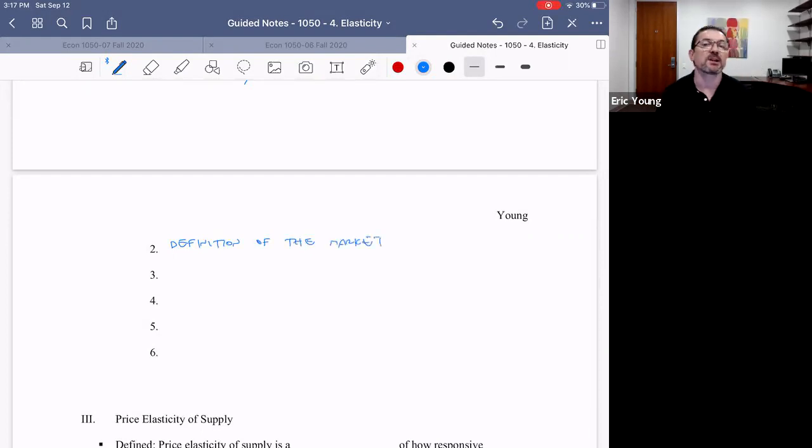There's lots of ways to define a market. You could define a market broadly by calling it the market for food, or the market for Italian food, or the market for pizza, or the market for thin crust pizza. So you can define a market broadly or narrowly.